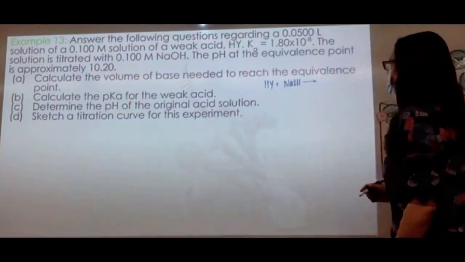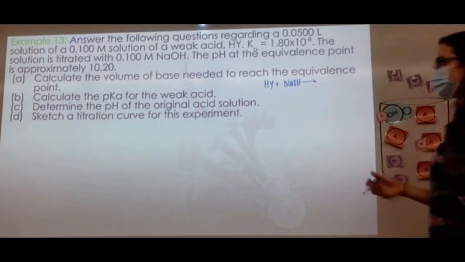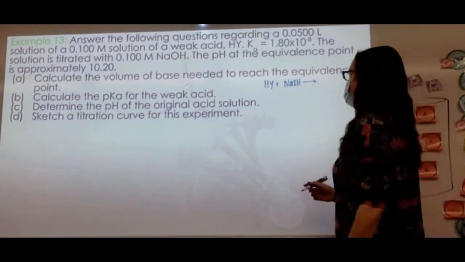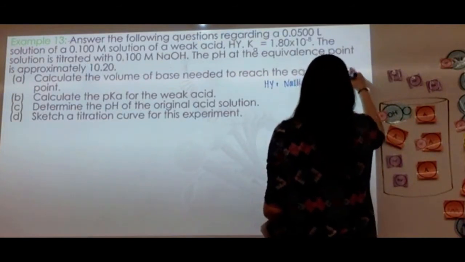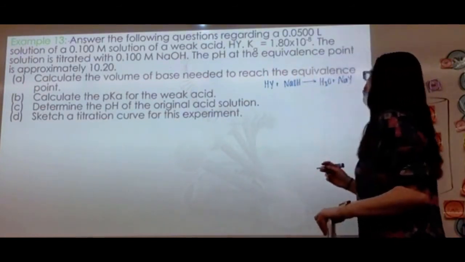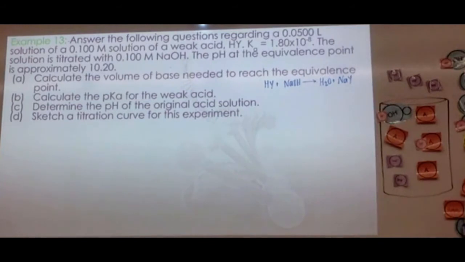Titrated means it's going through a neutralization reaction. So that means that I'm creating H2O and NaY. Y is some anion, could be anything. This just lets me think about what's actually happening in this container.